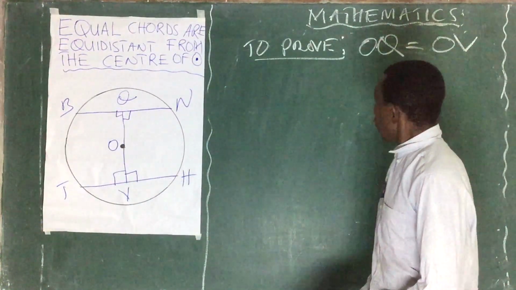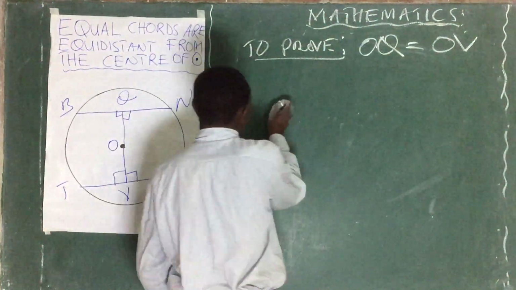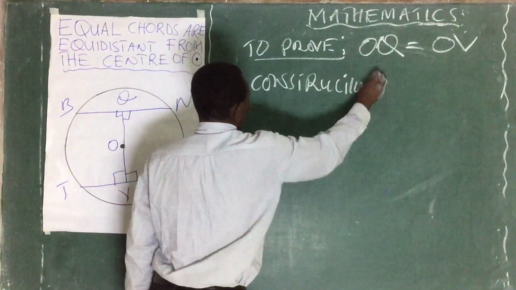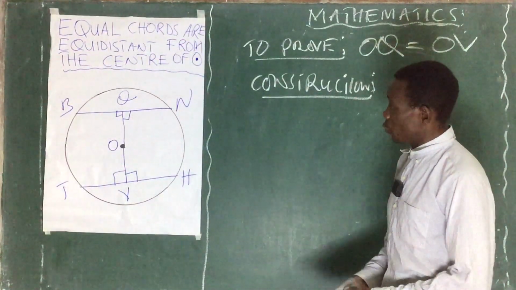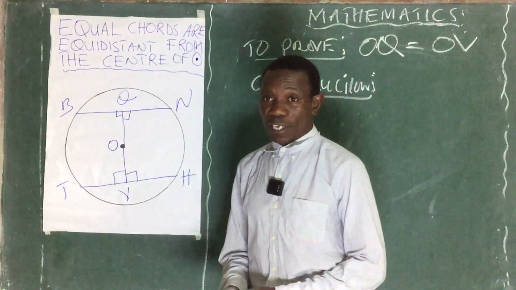Right. So once we have done that, let us consider some kind of construction. Add information here. What we want you to do is just join the two radii to the center of the circle.